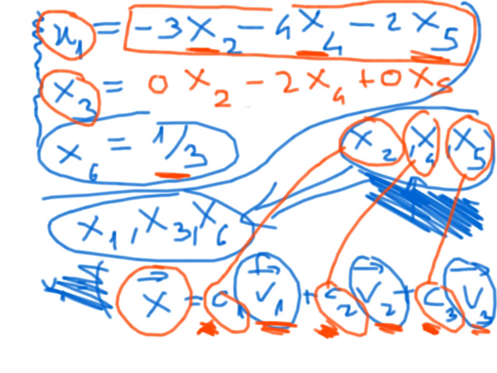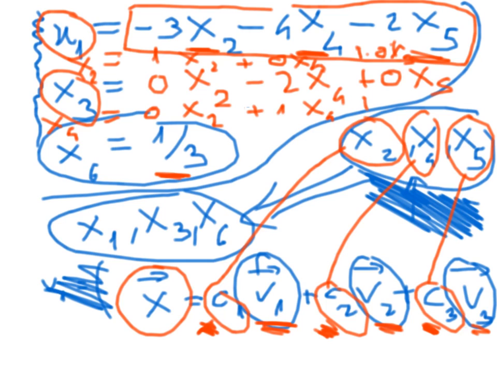There is something here that is x2. Well, x2 is obviously 1 x2 plus 0 x4, sorry, there is not much space, plus 0 x5. Well, yeah, obviously x2 is equal to x2. And then you can write here x4. x4 will be 0 x2 plus 1 x4, of course, plus 0 x5.